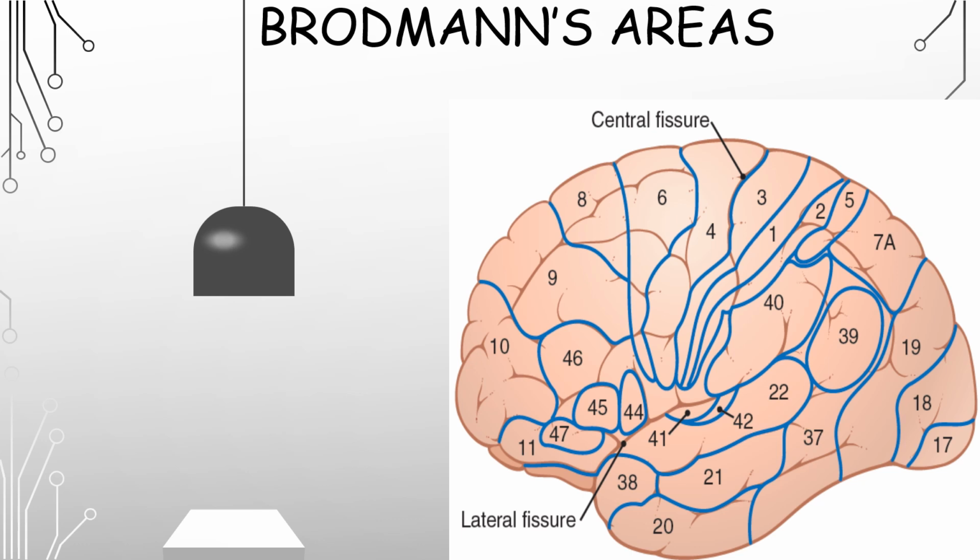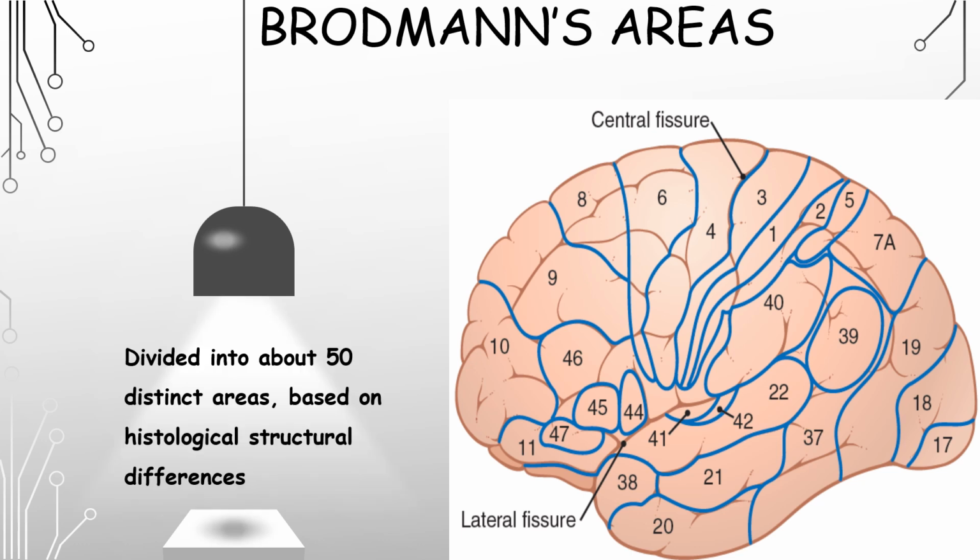Brodmann's area. On the basis of the number and thickness of cortical laminae and the cell type, Brodmann has divided the cerebral cortex into 50 distinct areas. As I said, this is based on the histological structural differences, so it is called Brodmann's area.